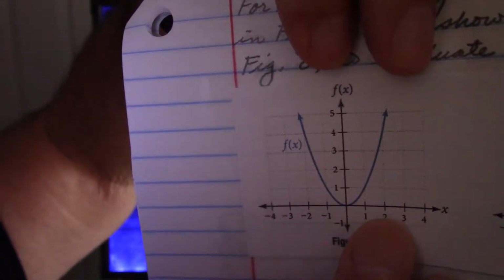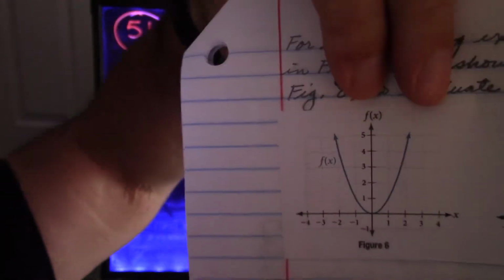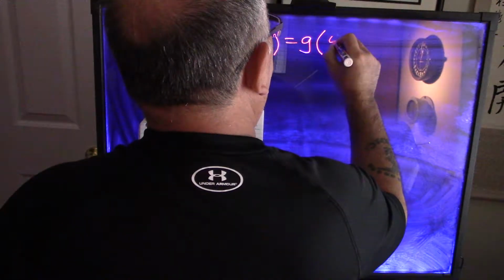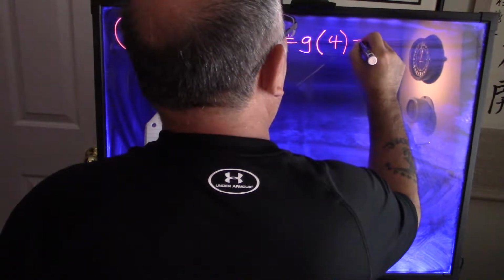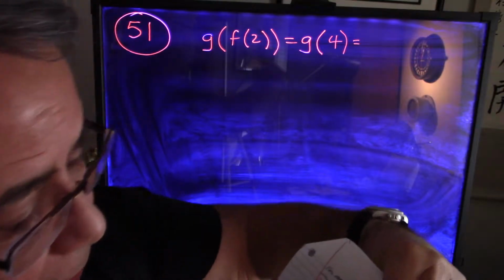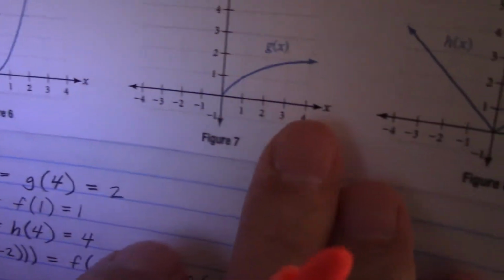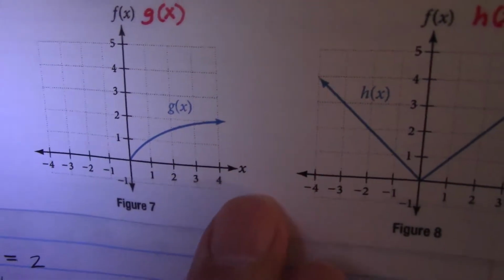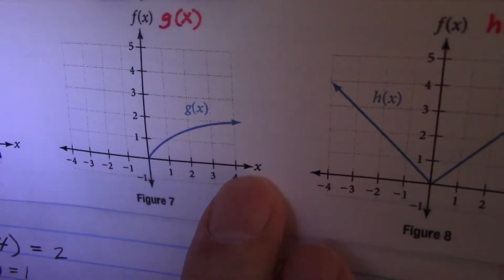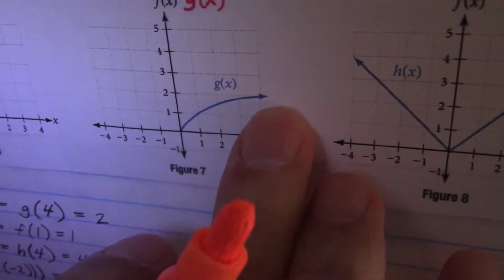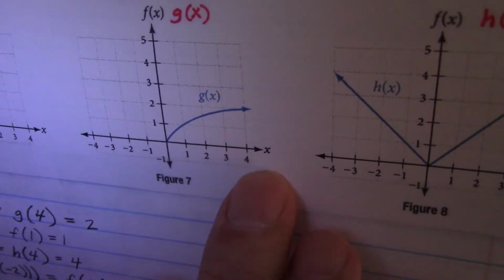This looks like y equals x squared, don't it? So that's g of 4 then. Now we find g of 4. So figure 7, you look at g of 4 right there is 2. That looks like the square root function, square root of x, doesn't it? So that's 2.